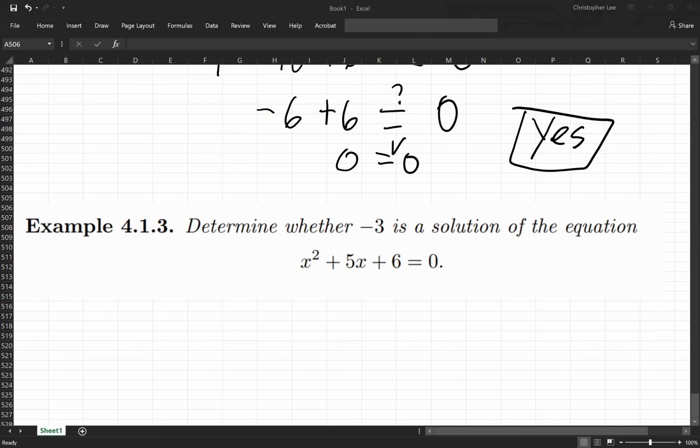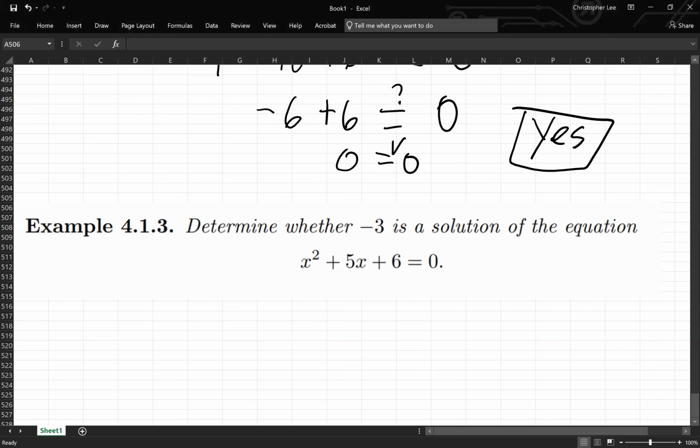So that's not zero. So it sounds like the answer is no. All right, false. I'll take that too.